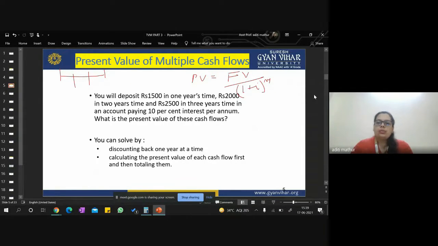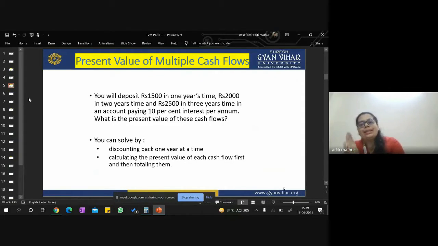So let's just assume that you will be depositing rupees 1,500 in 1 year's time, 2,000 in 2 years' time, and 2,500 in 3 years' time, in an account paying 10% interest per annum.